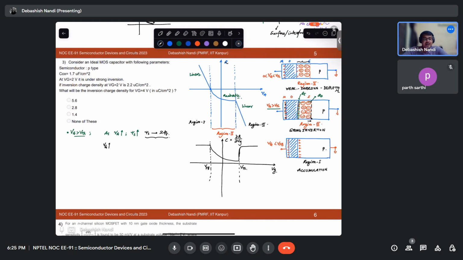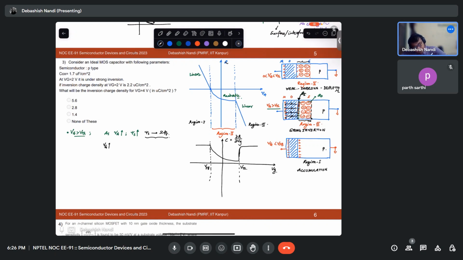So I need to add some more negative charges to compensate the field lines. So from where are those charges coming? These charges are the minority carriers generated from this depletion region. This is called the inversion charge, this charge Qi.